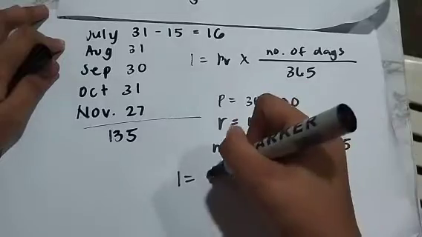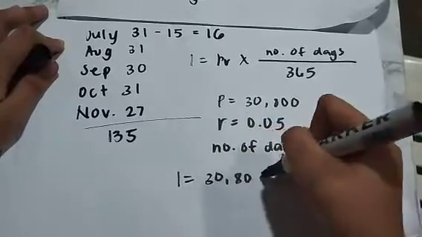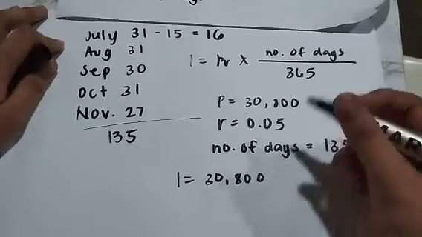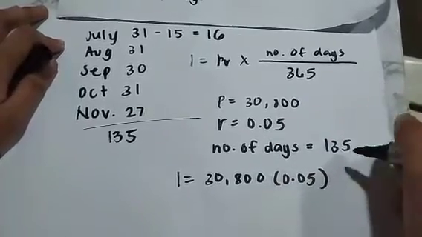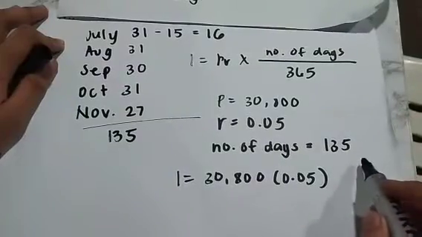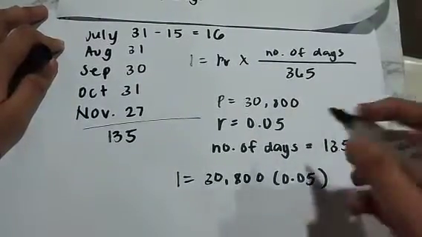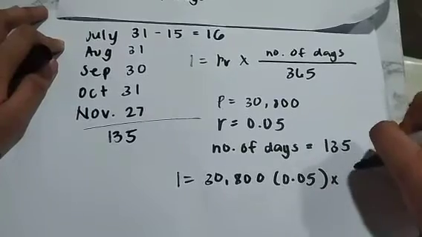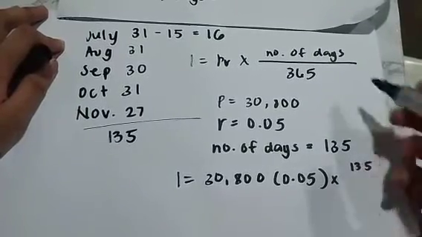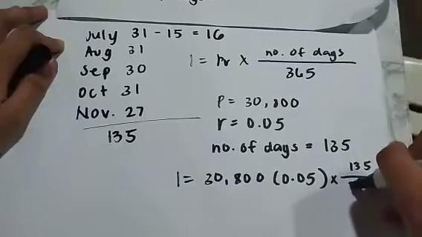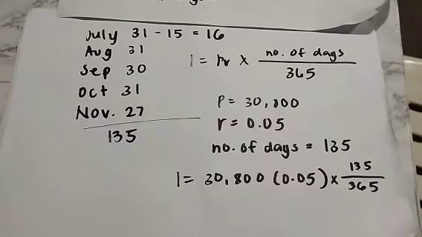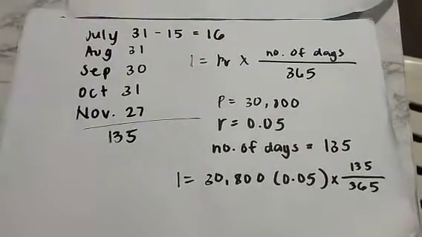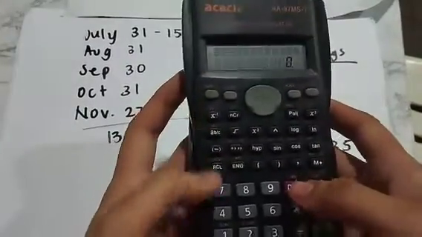Now, substitute. Principal, 30,800 times 0.05, which is yung rate. Tapos, ita-times natin dito sa number of days, 135 over 365. To get the answer, uunahin natin i-compute yung 30,800 times 0.05.